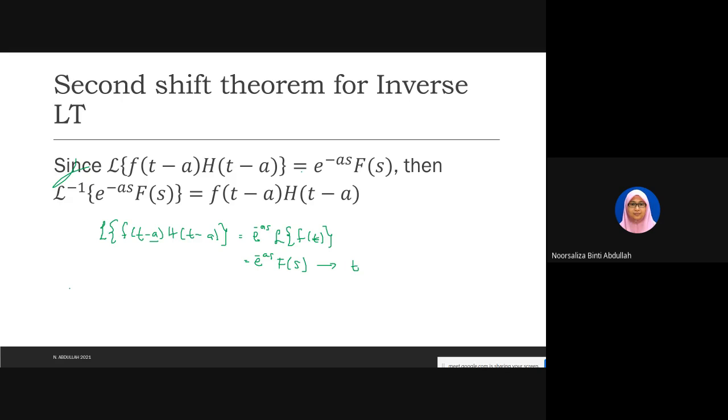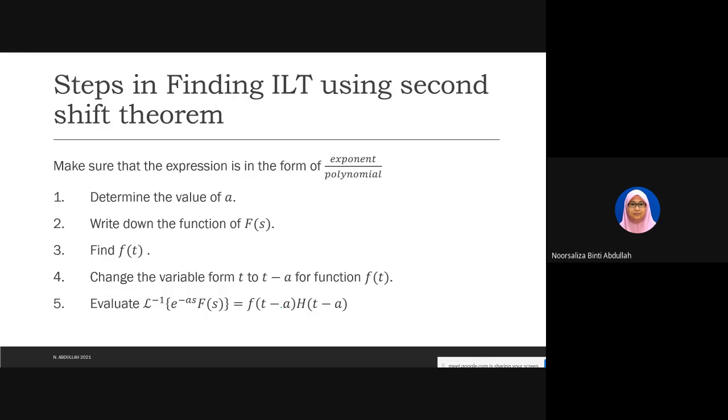So the inverse Laplace of exponent minus as F(s) is actually, if you know that this is exponent minus as, then automatically you know that this will be the t domain signal. Okay, we look at the example. This is the step for finding the inverse Laplace transform using the second shift theorem.